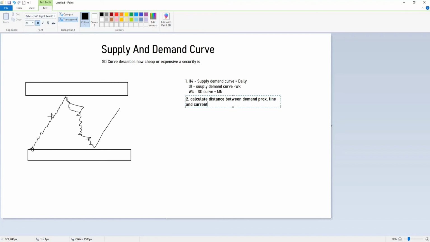So where the market is, that's the first variable that you're going to need. So say, for example, the distance between here to here is 200 pips. That's the first number that you need to note.